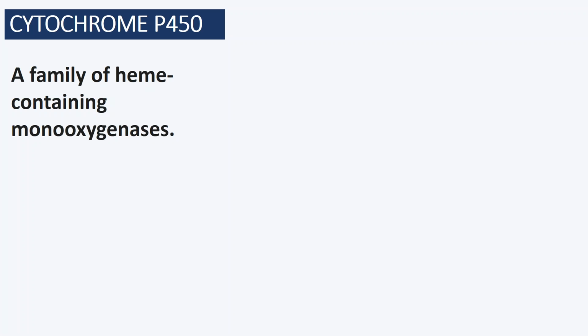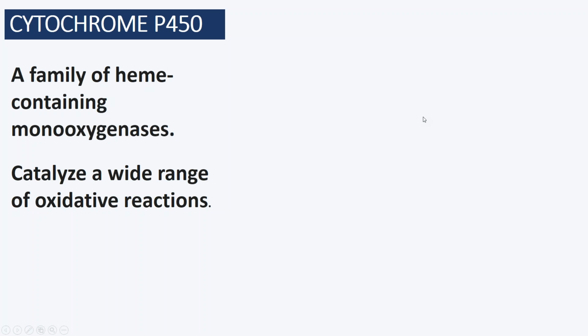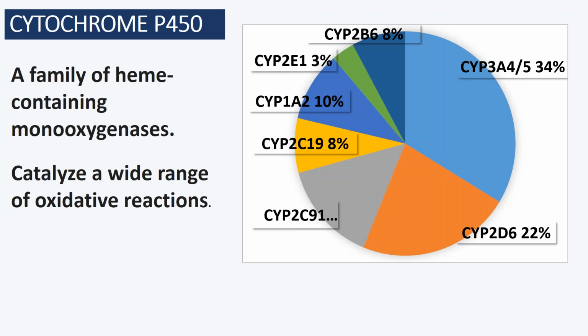So what exactly are these cytochrome P450s? These are a family of heme-containing monooxygenase enzymes. That means, as the name tells you, monooxygenases are responsible for oxidative reactions, so they catalyze a wide range of oxidative reactions.